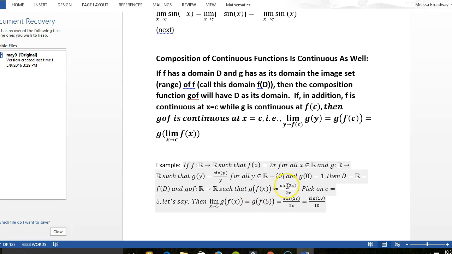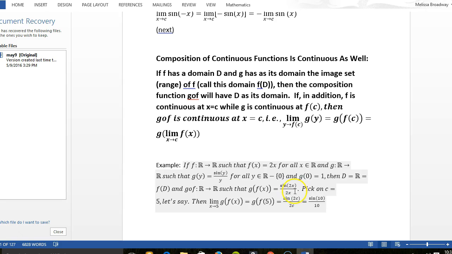That's the sine of f over f. But I should really say, instead of f, f of x. But I'm being a little bit lazy. So G of f of x is the sine of f of x over f of x. But remember, what is f of x? It's 2x. So we get sine 2x over 2x. Okay, which is nice.